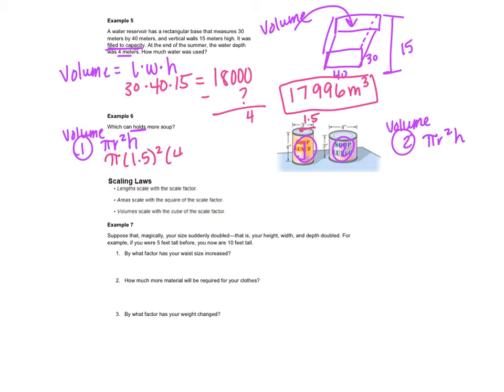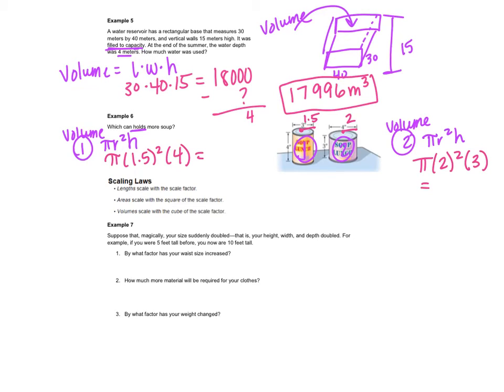And my height is 4. For my second one, if my diameter is 4, then my radius is 2. So I'd have pi times 2 squared. This time my height is 3. So let's calculate each of those and see which one actually has more volume.